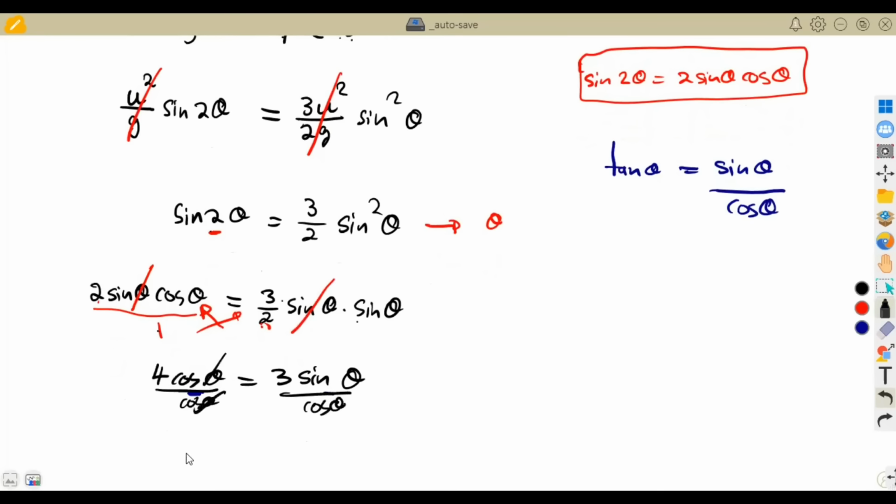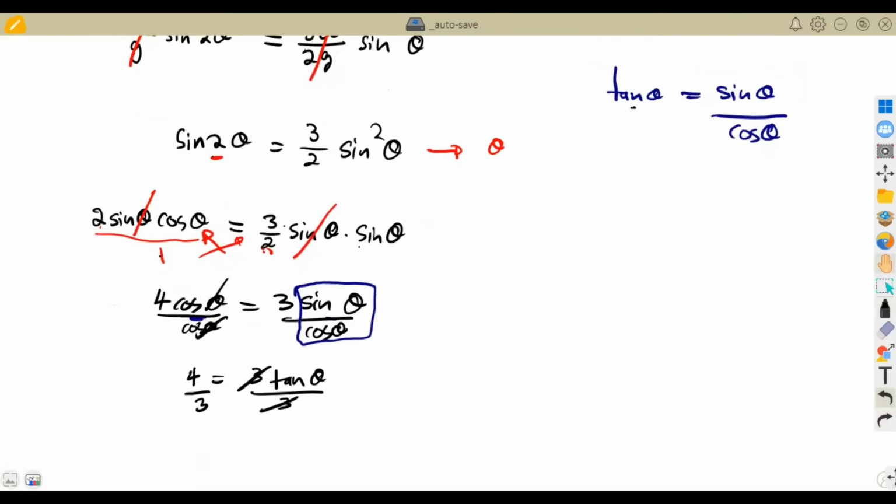So that will be 4 is equal to 3 times sine of theta over cos of theta, which we said gives us tan. So it's now 3 tan theta. To find tan, we can divide by 3, so the tan of theta is going to give us 4/3.